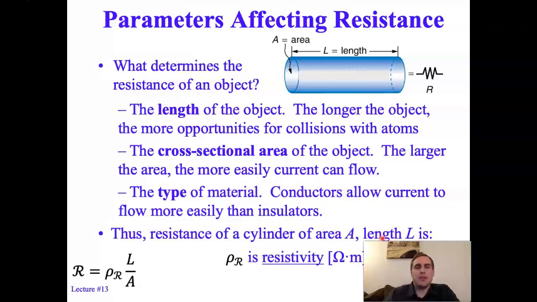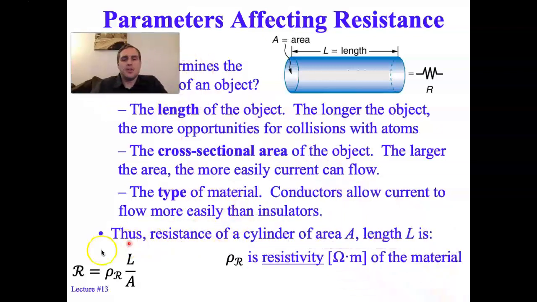Capital R equals rho subscript R, L divided by A. So the resistance is equal to the resistivity, which depends upon the material, times the length of the cylinder divided by the cross-sectional area. The resistivity is going to be in ohms times meters.